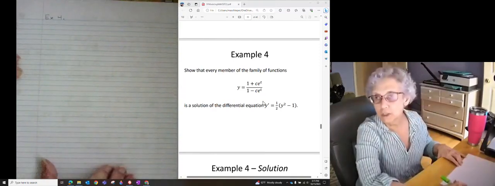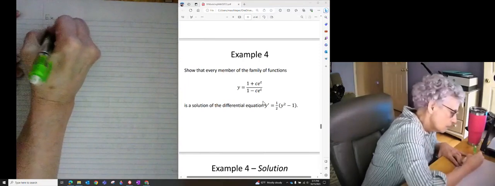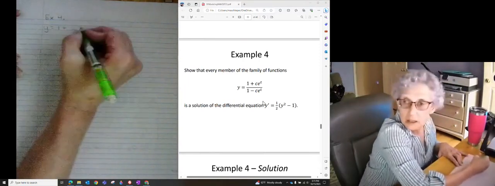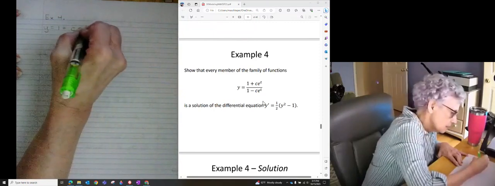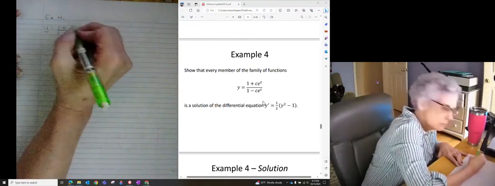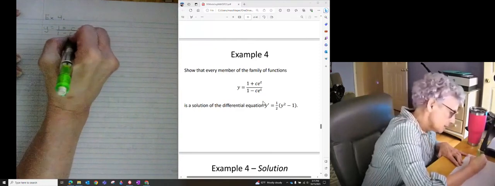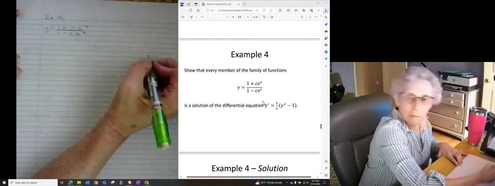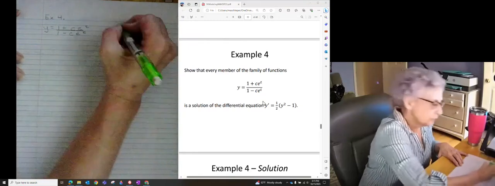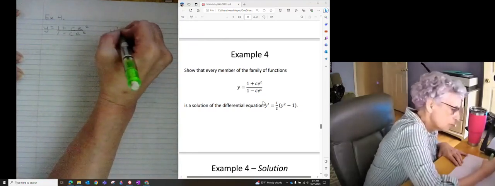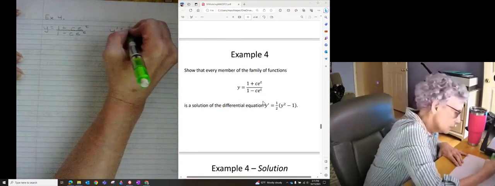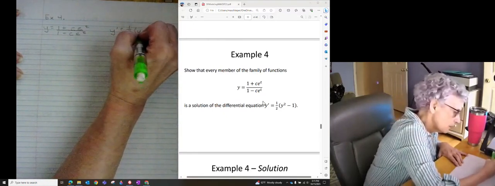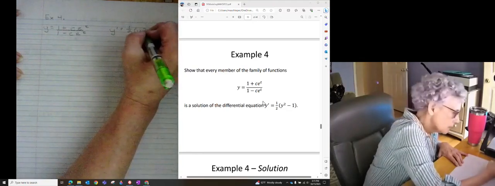Show that every member of the family of functions y equals (1 plus c e to the t) over (1 minus c e to the t) is a solution to the differential equation y prime equals 1/2 of (y squared minus 1).